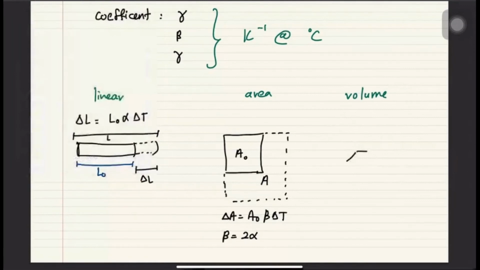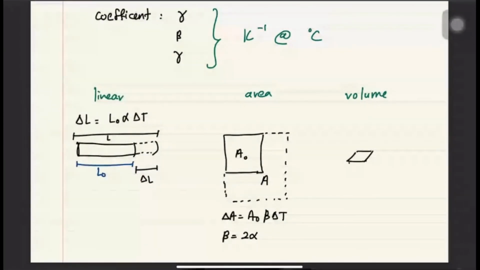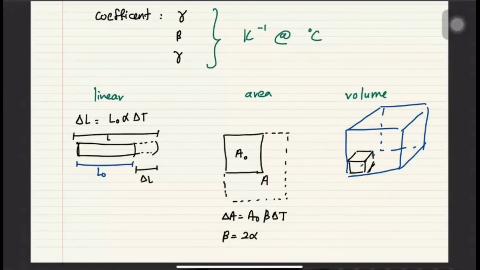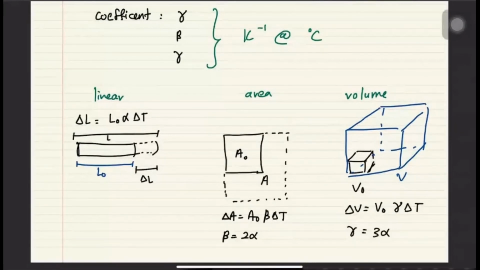So initially dia kecil macam ni. And then when it expand, becomes big lah. So you have initial volume, which is V naught, and then you have a final volume, which is V. And the formula will be delta V equals to V naught gamma delta T. And gamma here is equals to 3 alpha.